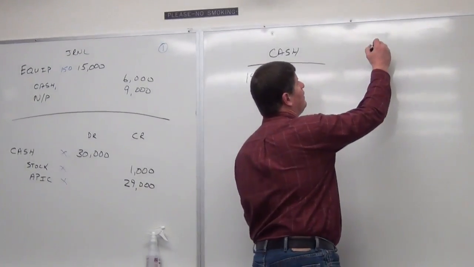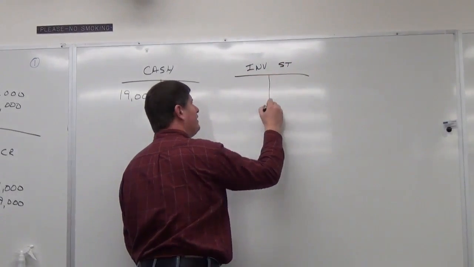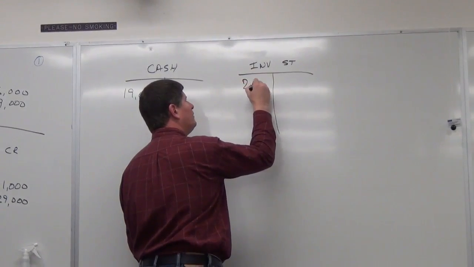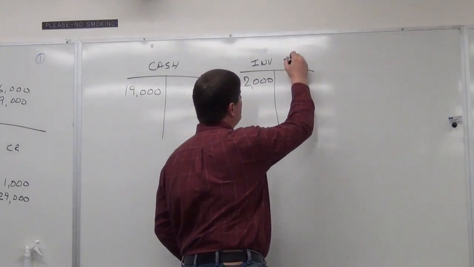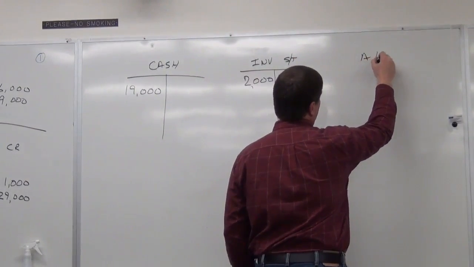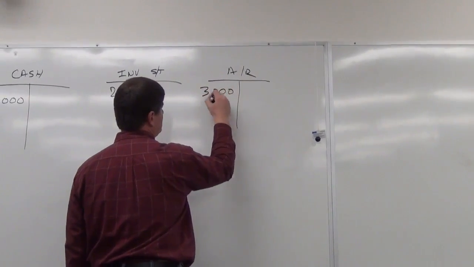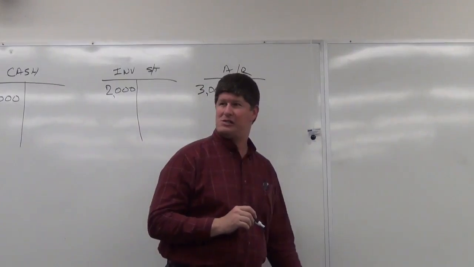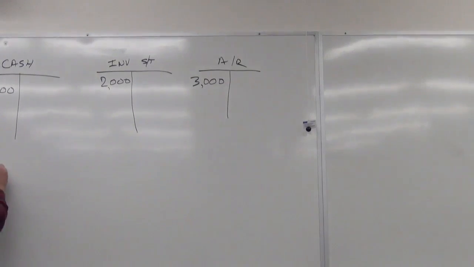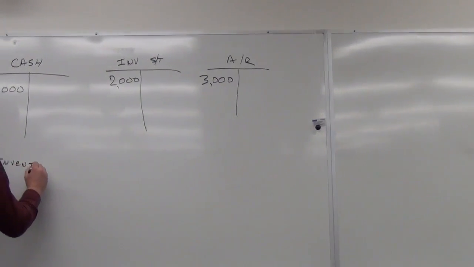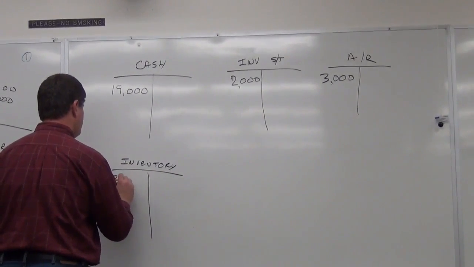Investments short term. 2,000. Debit or credit? Next. Debit. Accounts receivable has a $3,000 debit. Next. Inventory. What's my balance in inventory? Debit or credit?